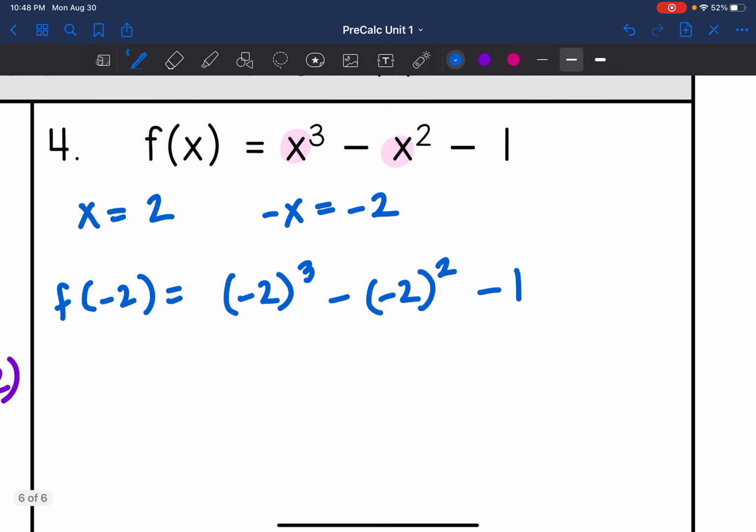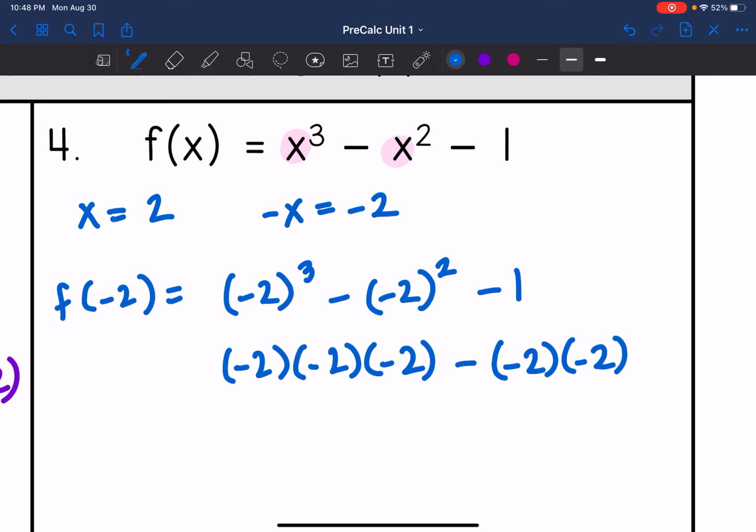Negative 2 to the third power is like saying negative 2 times negative 2 times negative 2 minus negative 2 to the second power, which is like negative 2 times negative 2, and then I'm still going to have that 1. So to me, this makes it easier for me to see.